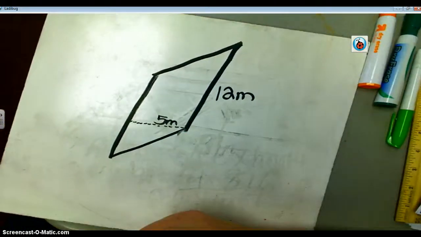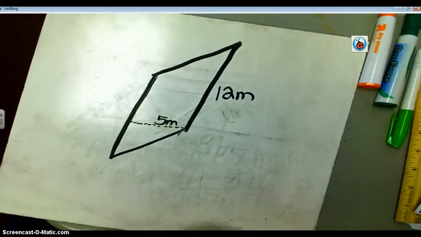Is that still a parallelogram? Yes. Okay. Tell me the area.